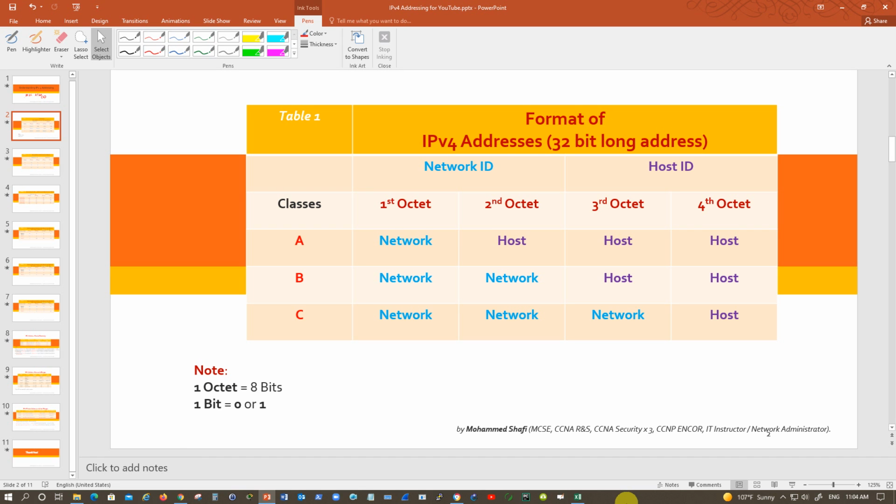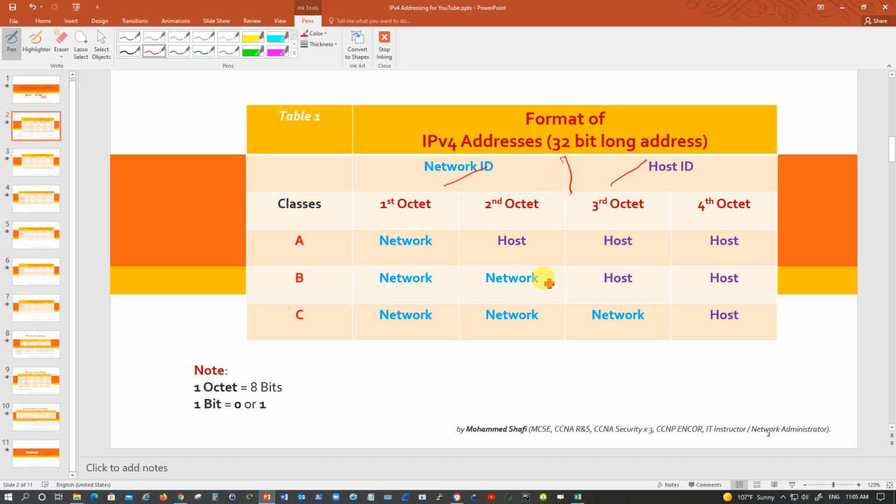Each IP address can be broadly divided into two portions. This one is the network ID, and this one is the host ID. Two portions, as you see here.